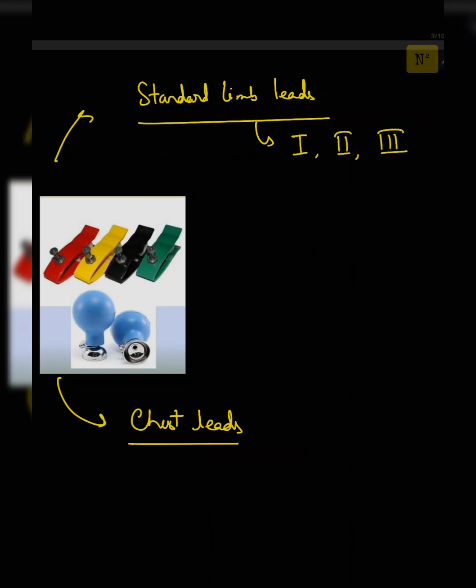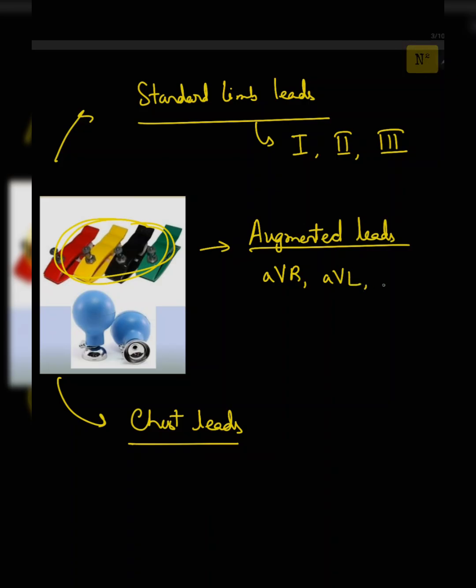Apart from that, we have another variant of lead formed using only the limb electrodes, the augmented leads: AVR, AVL and AVF.